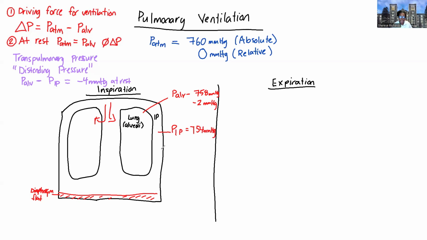Remember, we said it needs to be negative 4 from the alveolus, which is negative 6 from the atmosphere. So these two values, alveolar pressure minus intrapleural pressure, should equal negative 4 millimeters of mercury. So if this is 758, and this is 754, the difference is negative 4.